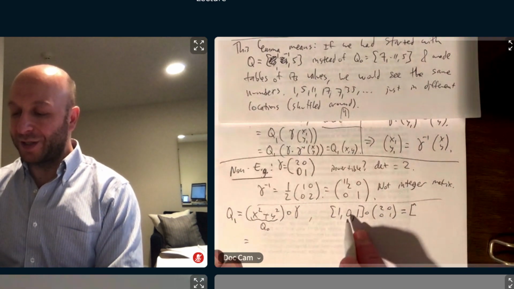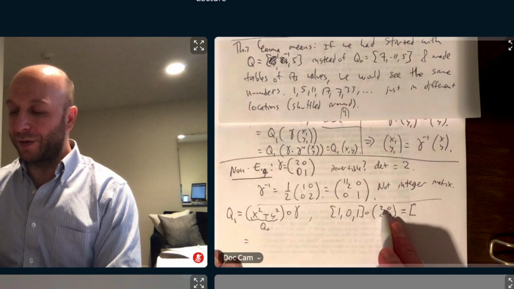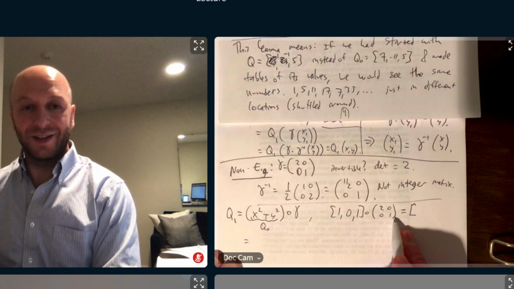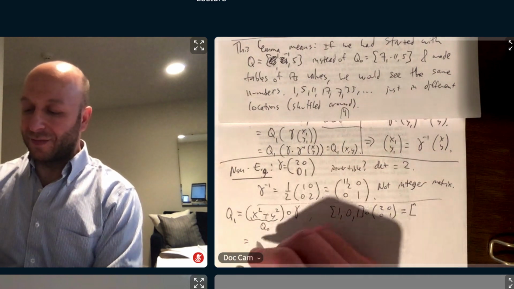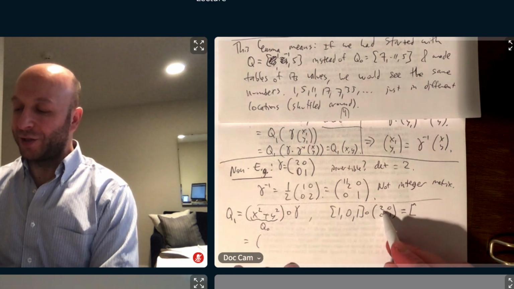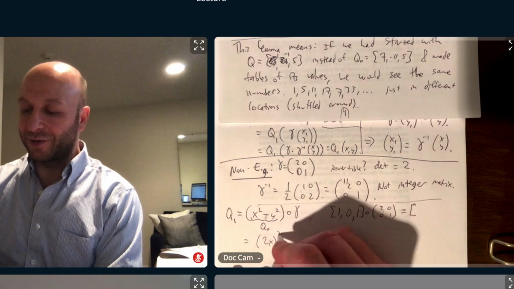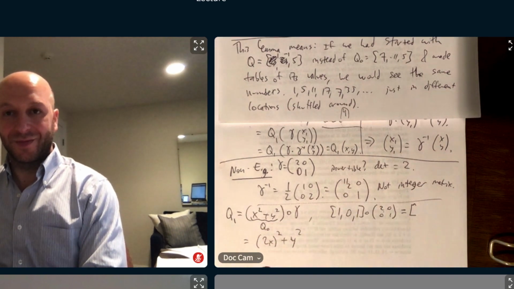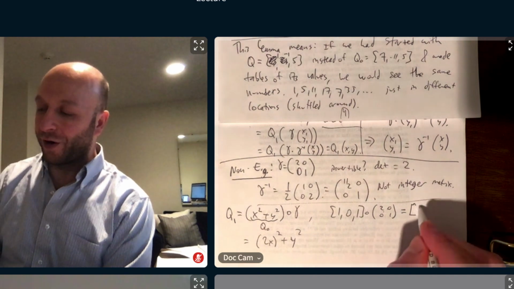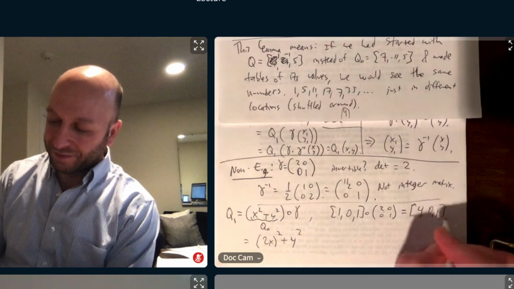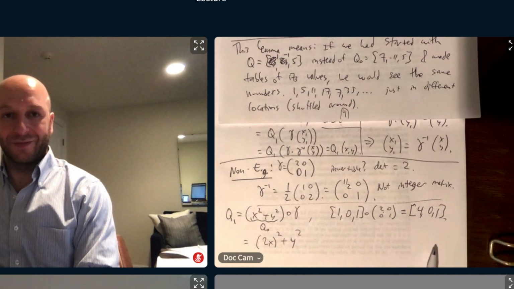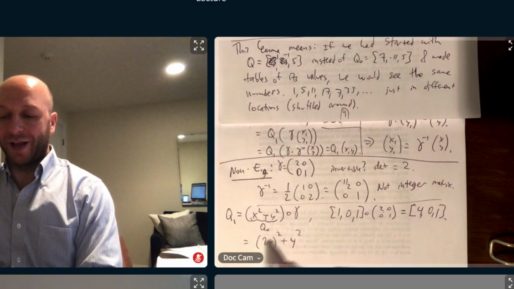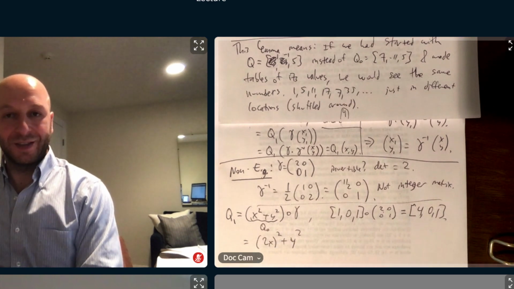It's x squared plus 0xy plus y squared composed with 2, 0, 0, 1. So that's replacing x by 2x and y by y. So this is 2x squared plus y squared, and so this is the form 4, 0, 1. I'm just multiplying out the 2 squared. Does that make sense to you?